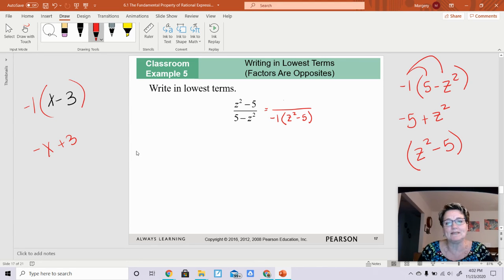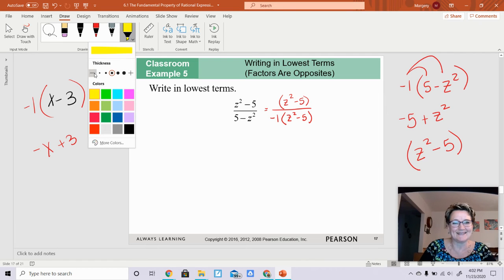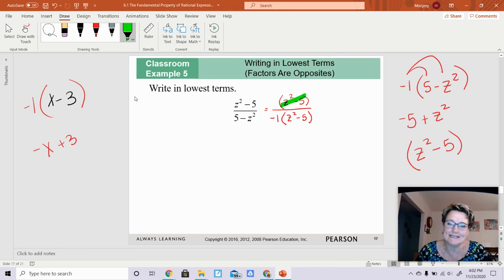Now I'm going to copy what's in the numerator. Now, look what happens. This cancels out with this, and it goes into each other once. So you end up with 1 over -1, which is -1.